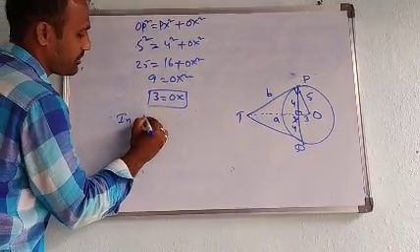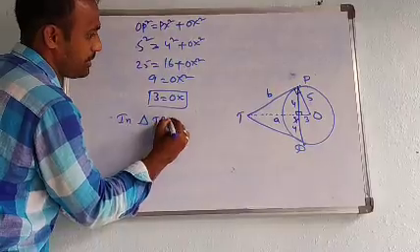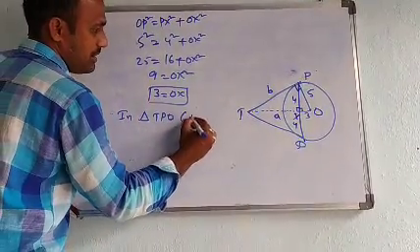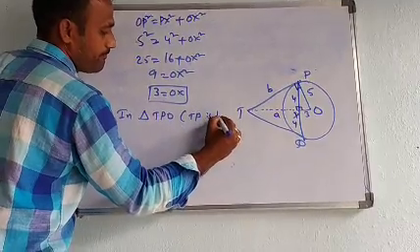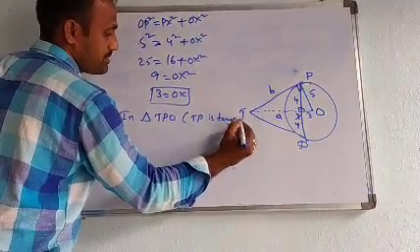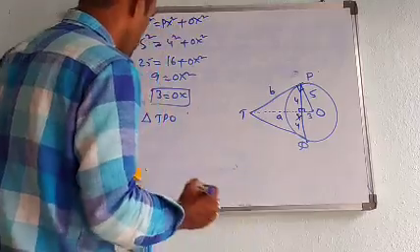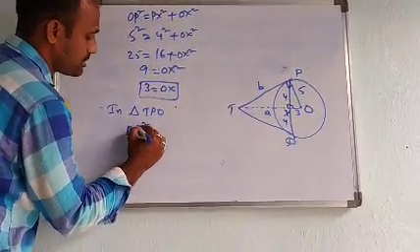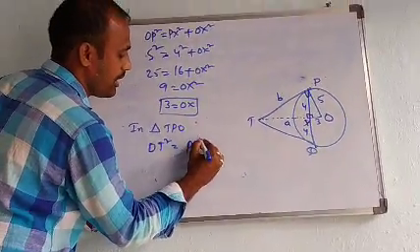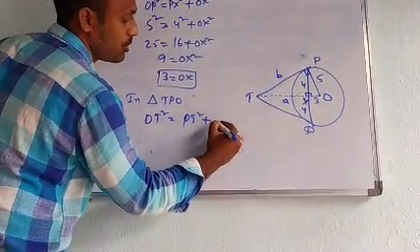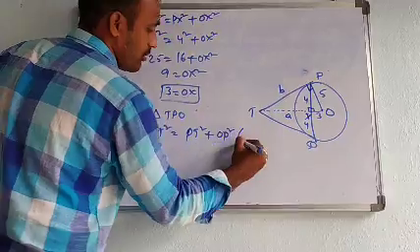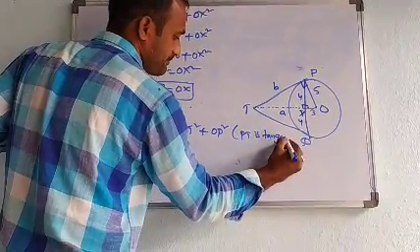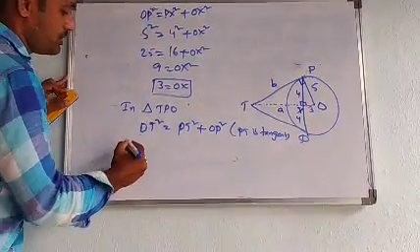Now if you take the big triangle TPO, at P there is a right angle. Why? Because TP is a tangent, and a tangent makes a right angle. So we can write directly OT square is equal to PT square plus OP square.